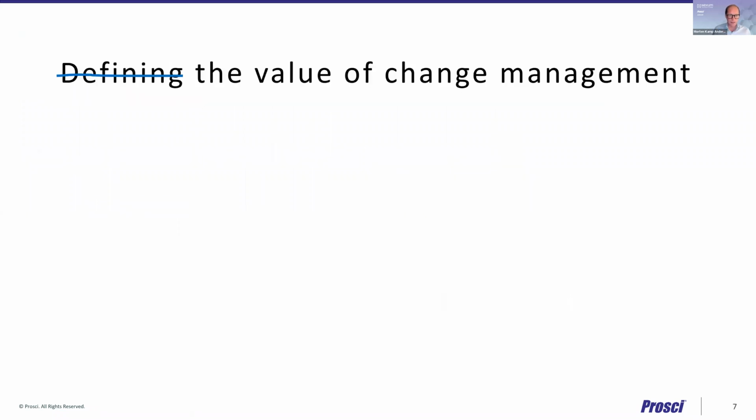So we titled the webinar correctly, Defining the Value of Change Management. But as I started to explore this, I realized it's more than just defining. There is a contextualizing component, where we show the value of change management and how it lives in something bigger: the bigger picture of the organization and the initiatives that are underway.